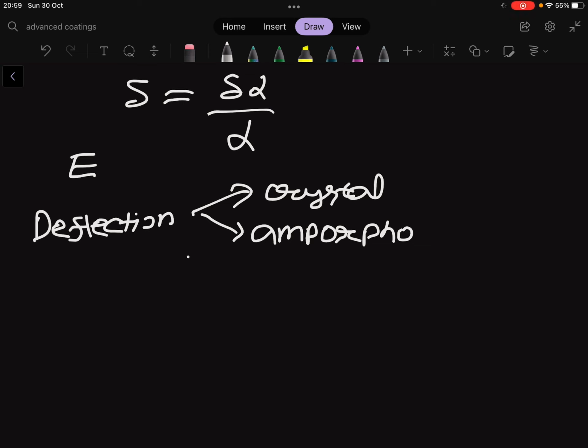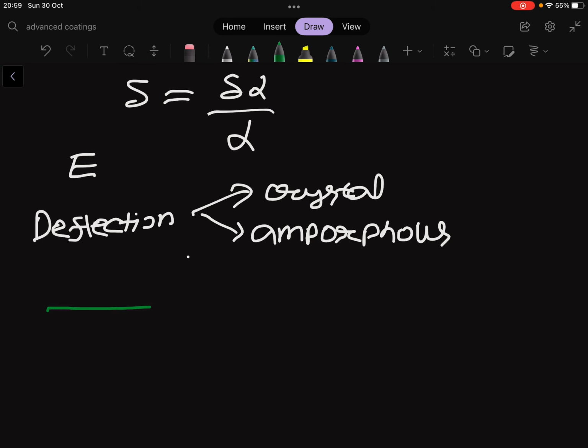So as it doesn't matter the structure of our coating, we can evaluate the deflection of our substrate without any bias. So in the starting point, we have a thin plate substrate. Let me draw.